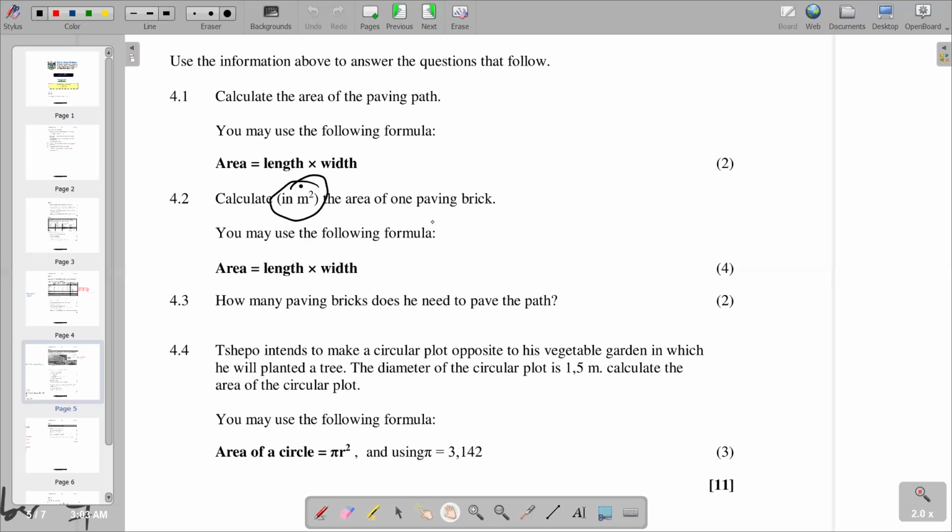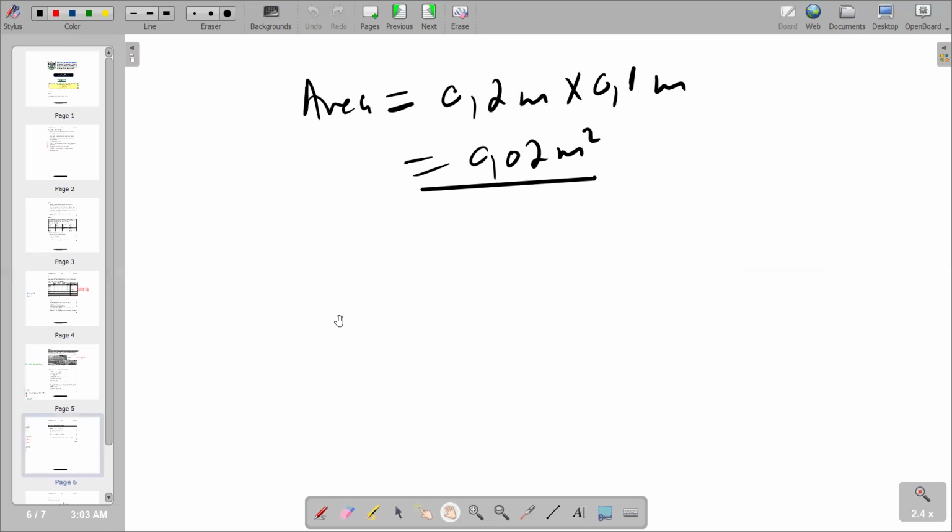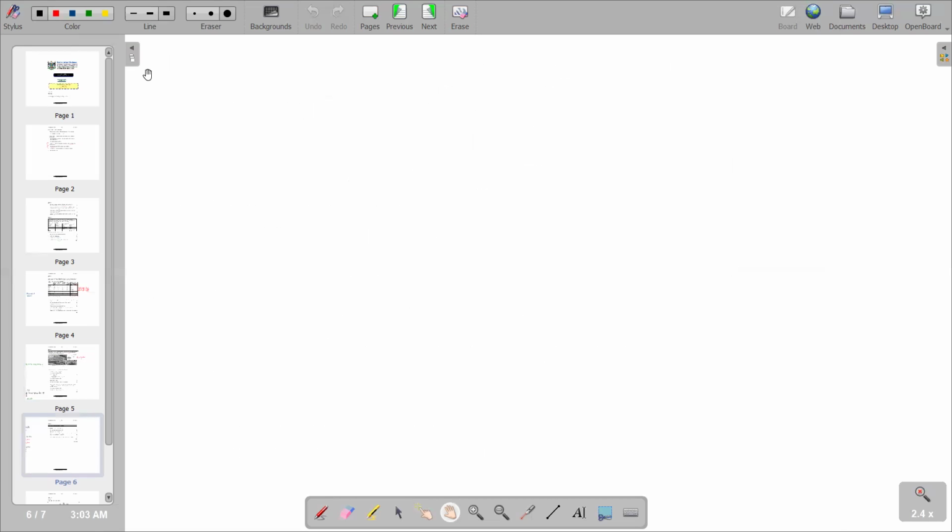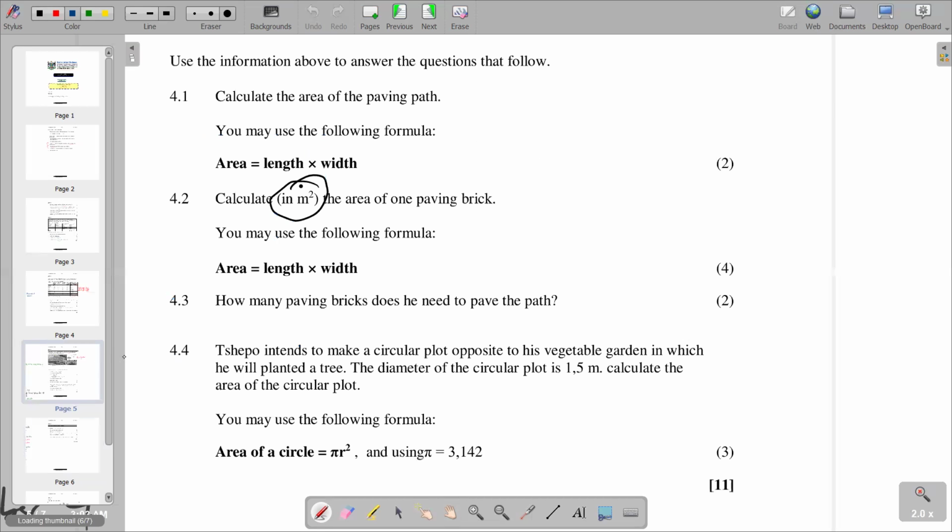So we are saying this is going to be our 4.3. And we are saying number of bricks equals area of paving path divided by area of paving brick.